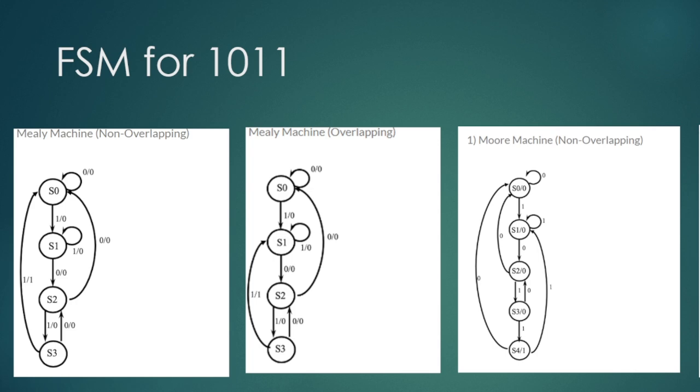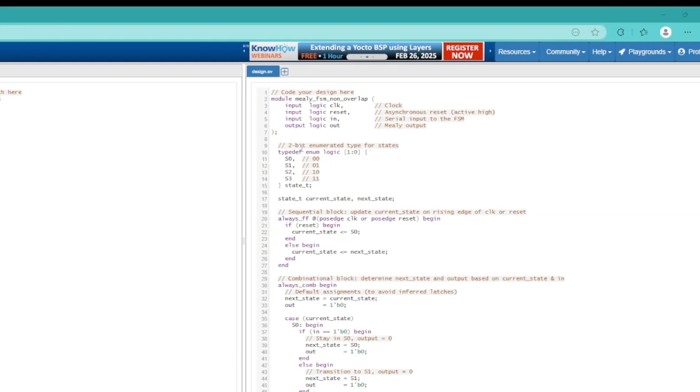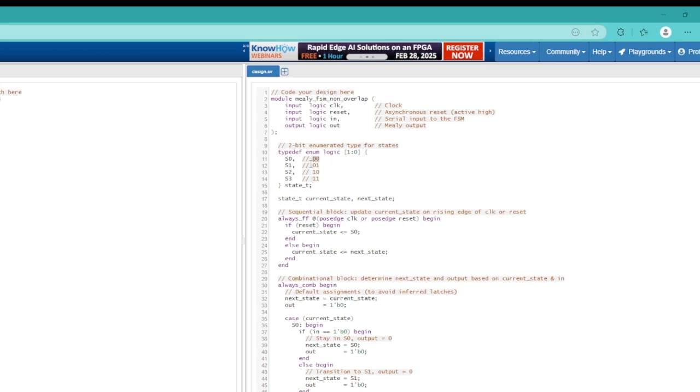As you can see the code, let's understand this. State encoding. We define an enumerated type state_t with 4 possible states, S0, S1, S2, and S3. SystemVerilog automatically assigns binary encodings, 00, 01, 10, 11, to these states.